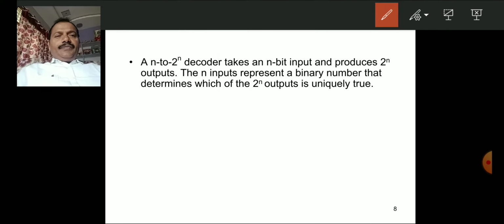So the definition of a decoder is: an n to 2 power n decoder takes an n-bit input and produces 2 power n outputs. The n inputs represent a binary number that determines which of the 2 power n outputs is uniquely true.